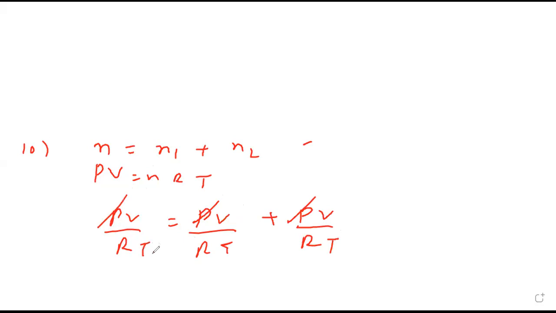No, pressure of the mixture we want. So this is the final pressure, final volume B is given. The P is retained, B will get cancelled. P will be there. RT will get cancelled. So what are we getting? Final pressure. Can I say it is 2P? That is option B.